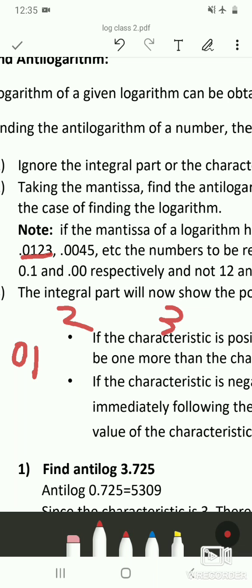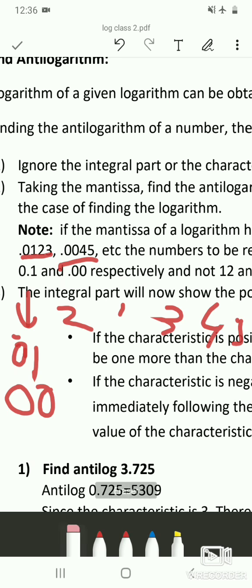Similarly, for the value 0.0045 in the first column of anti-logarithm table, you should be considering the value 0, 0 under 4 with the mean difference 5, not 45. So this note you have to remember.